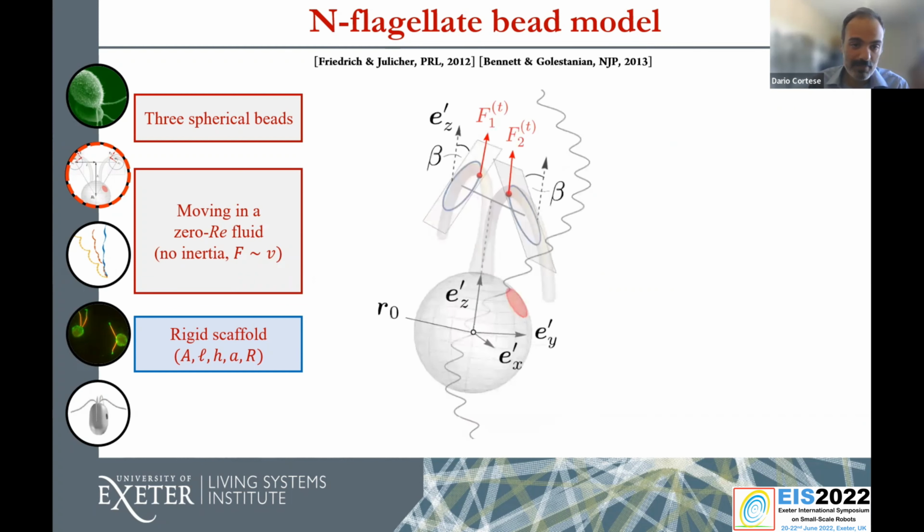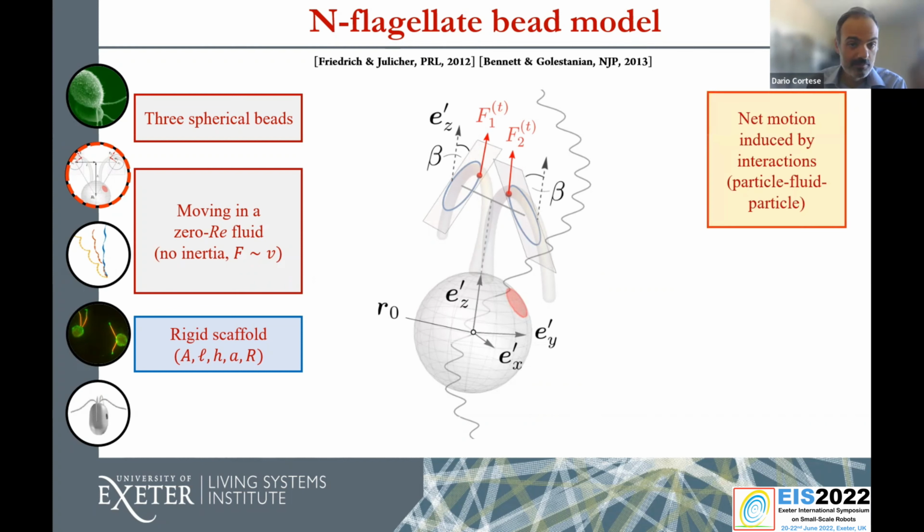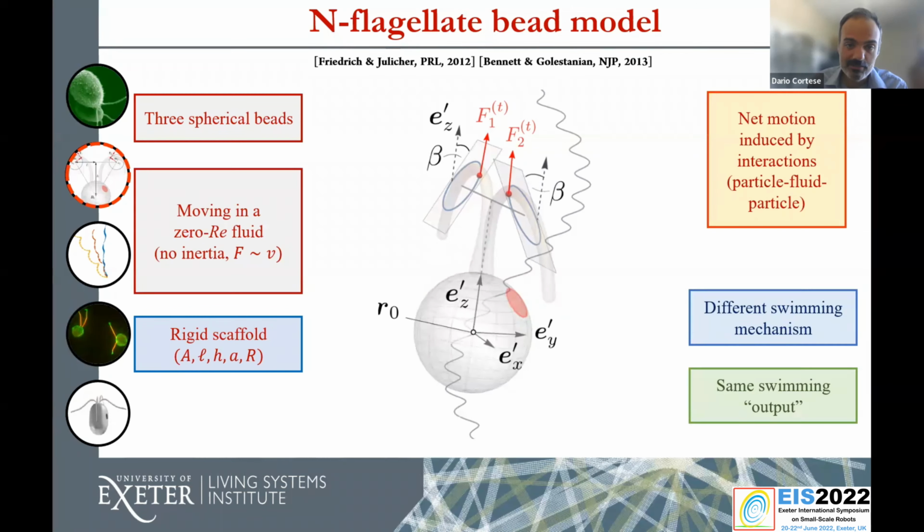The model is made fully three-dimensional by tilting the flagella orbits, and a tangential force is present on the orbits, and this induces net motion via the interactions between the beads mediated by the fluid. This is obviously a very simplified mechanism compared to the one that allows real cells to swim, but nevertheless, it allows for the same swimming output.